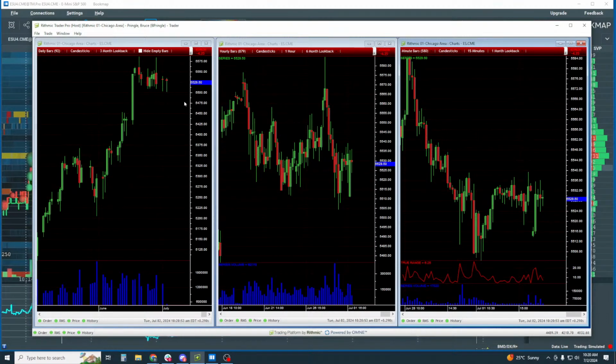Look at the daily. Isn't this looking like just a beautiful flag pattern up here? Strong move, strong breakout into all-time highs, and of course we see some selling up in here, but it's just flagging. And let's look at the hourly in here.